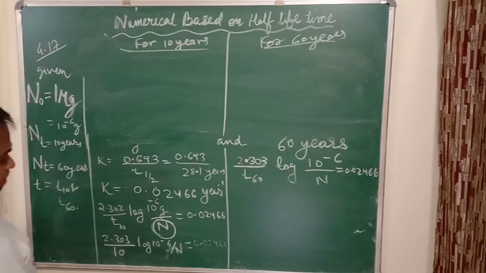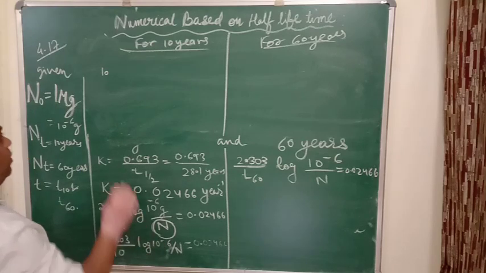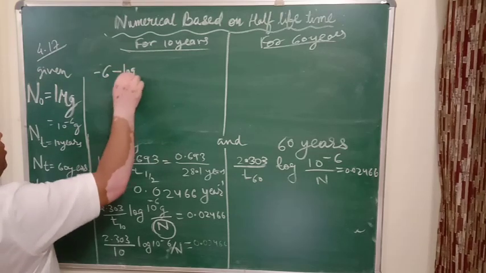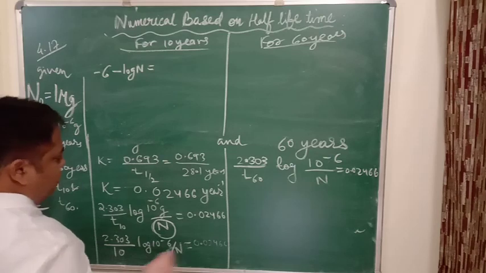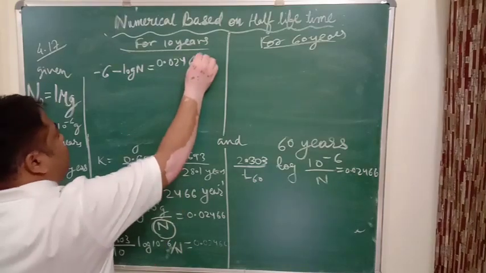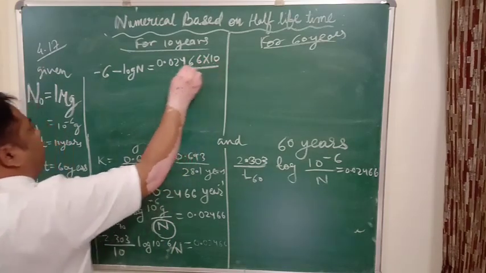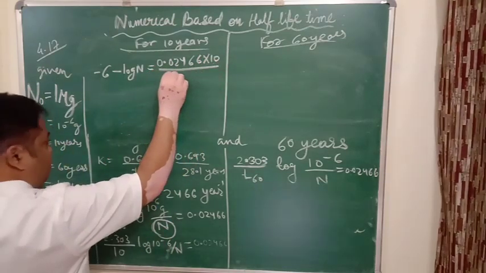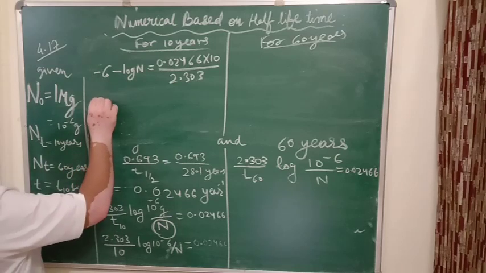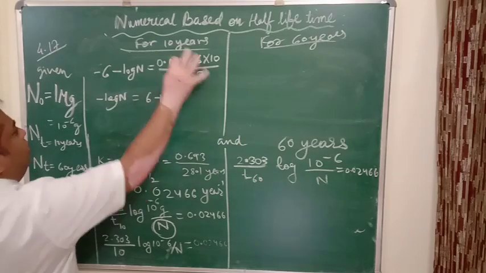So this will become log 10 to the power minus 6, which becomes minus 6 only, and minus log n will be equal to, this whole term will go this side, so it becomes 0.02466 into 10 by 2.303, or we can write minus log n will be equal to 6 plus whatever this value will be.